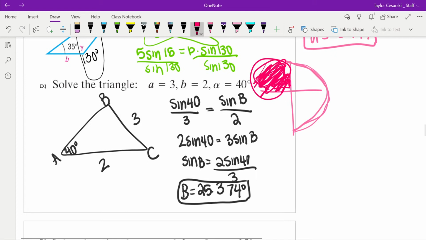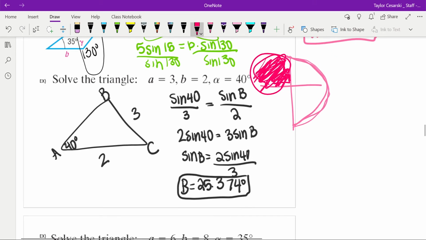So this is how we're going to do that, okay? So how we do that is we're going to take 180 degrees, okay? And we're going to subtract it from what we got, which was 25.374 degrees, okay? Because that will give us the angle on the opposite side of our unit circle.